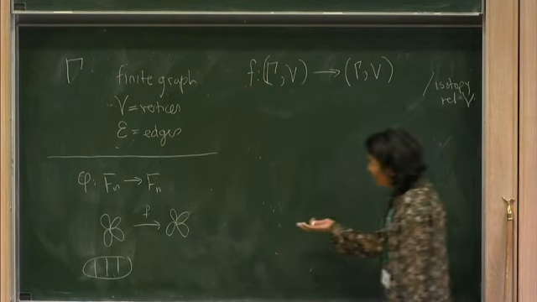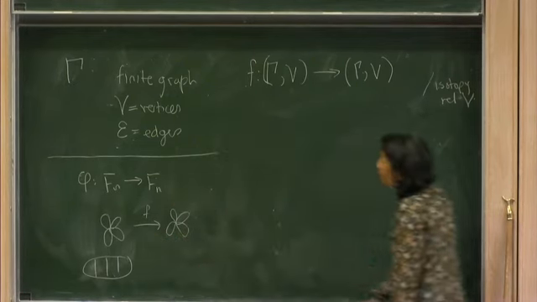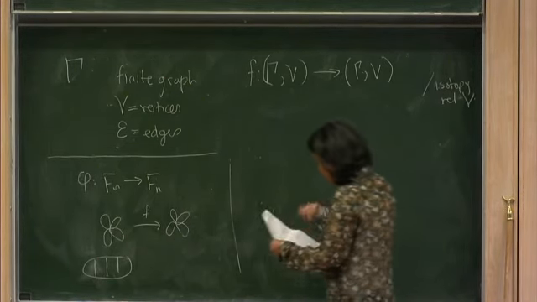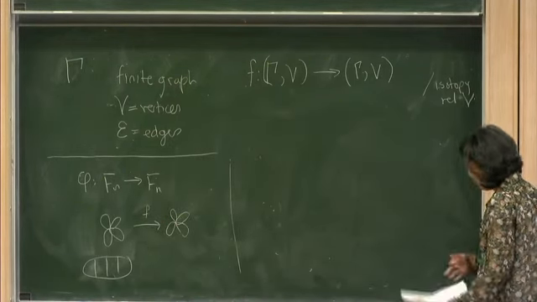I guess you can always do it this way, so that if this is an automorphism, this is a homotopy equivalence.